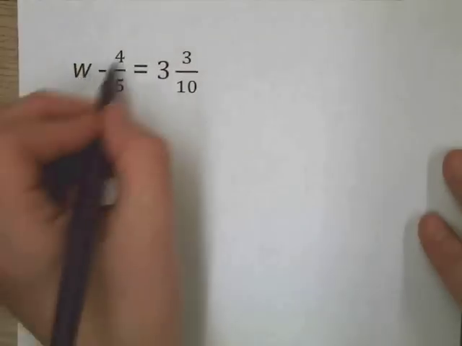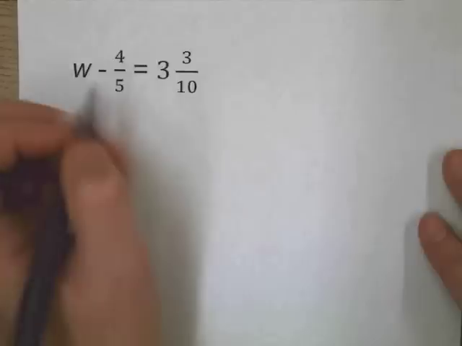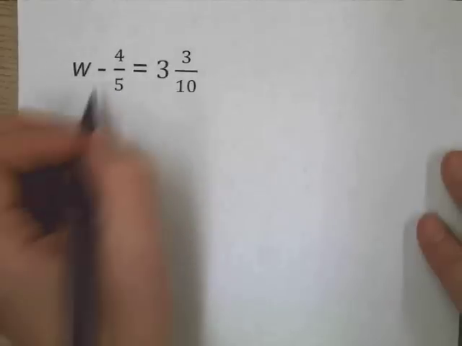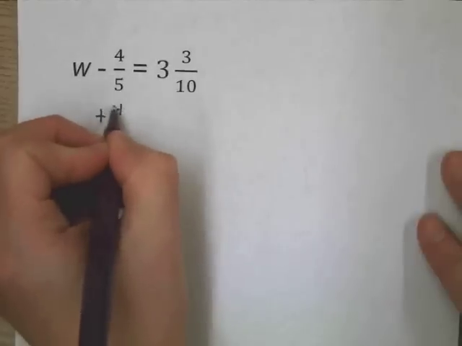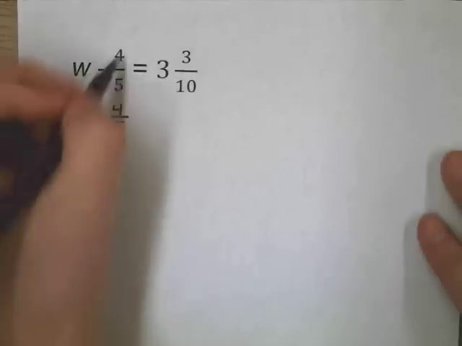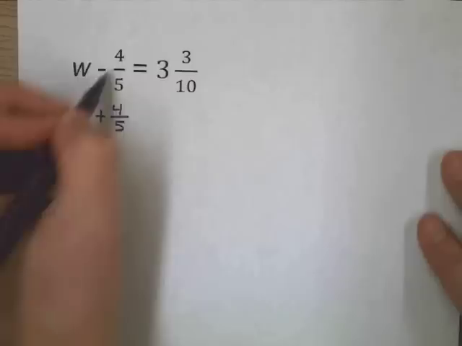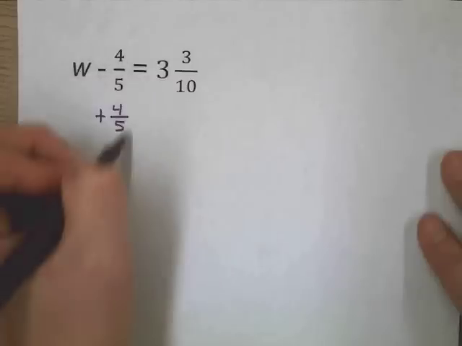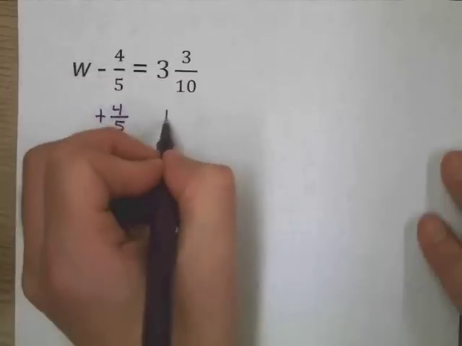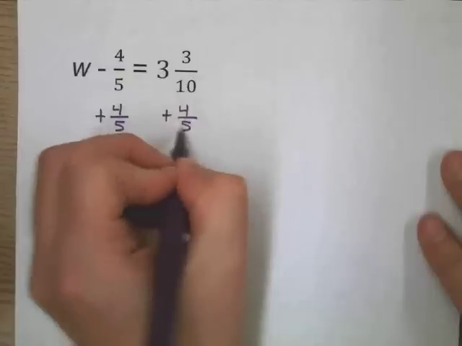Here I have w minus 4/5 equaling 3 3/10. Well, I want to get w by itself, so I'm going to want to get rid of this 4/5 by adding in a 4/5. If I'm taking 4/5 away, I'm going to add it back in, and I'll end up with w by itself.